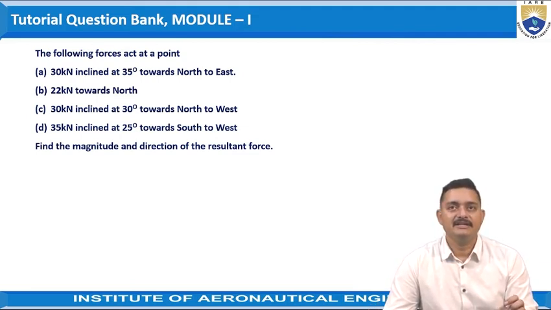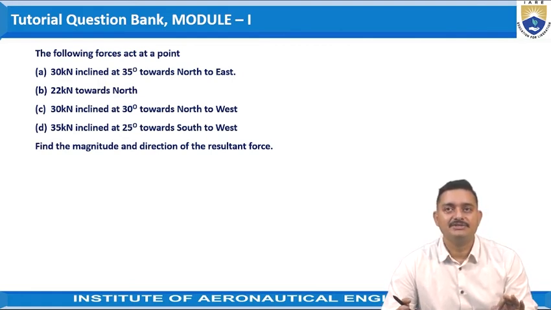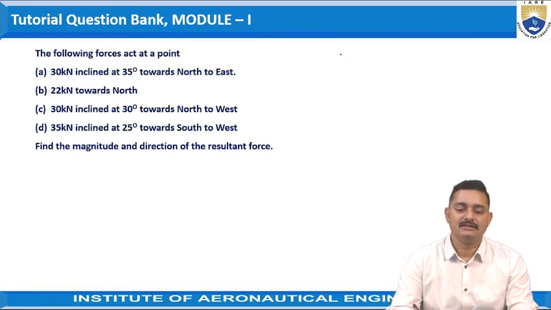The problem given is: the following forces act at a point, given in the form of east, west and north, south. So what we do, first let us draw a box that will implement our directions.